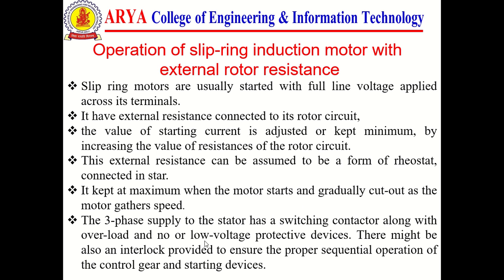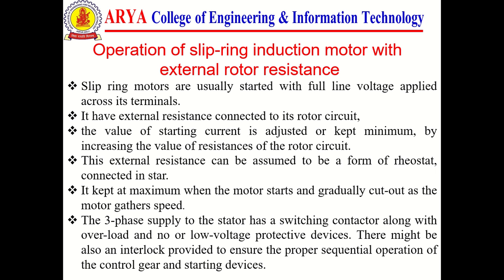The three-phase supply to the stator has a switching contactor along with overload and low voltage protective devices. Here we use a TPST switch. There might also be an interlock provided to ensure the proper sequential operation of the control gear and starting device.